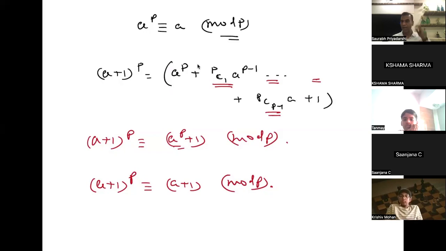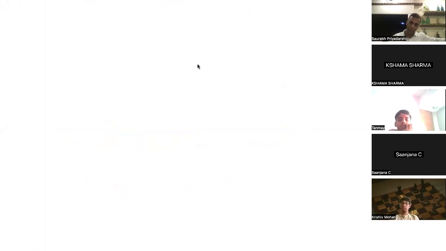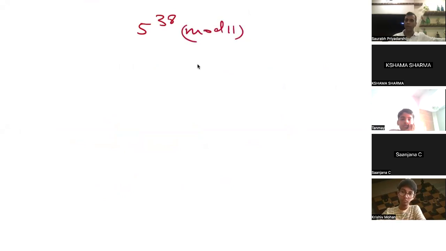And the range of this is so high. All the problems of x to the power a to the power n and all. One question I'm just showing you: if I'm giving you 5 to the power 38 mod 11, you have to find this. We don't know exactly what value comes, but you want to try using Fermat? Please go ahead.